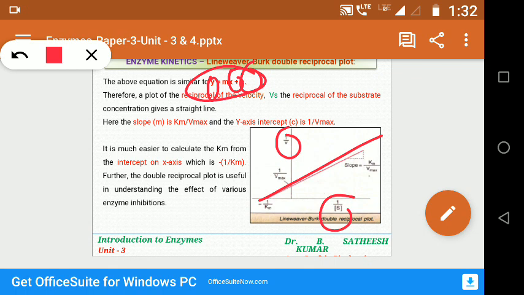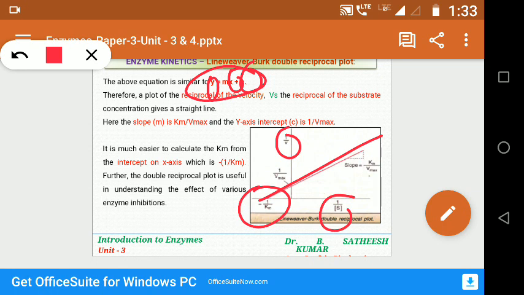By comparing these values, we can easily get the Km value here. This Km value we are getting on the x-axis intercept: the line will intercept the x-axis at this point where we will get minus 1 by Km. So from this we can easily calculate the Km value.